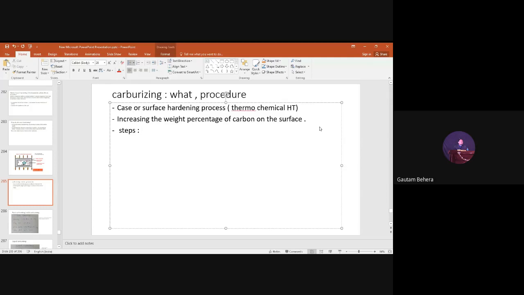So I can write low carbon steel, and you have to heat it in a furnace, surrounded by an atmosphere of carbon.